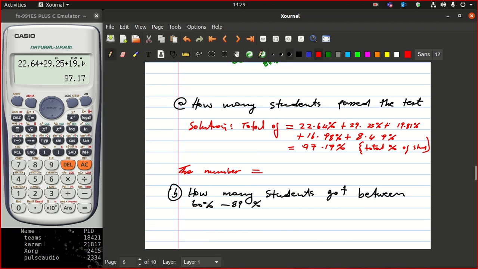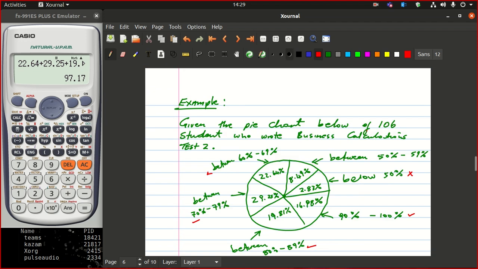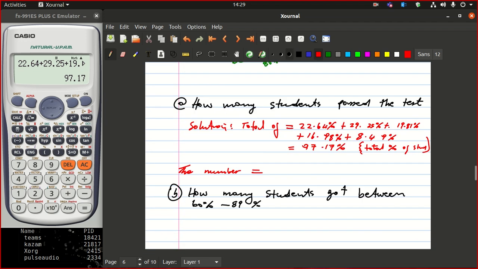Again, I'm going to say this slowly. Take this number and convert it to a fraction, and then the fraction that you get, you multiply by this number over there. So what you need to do is say 79.17 divided by 100 times 106.